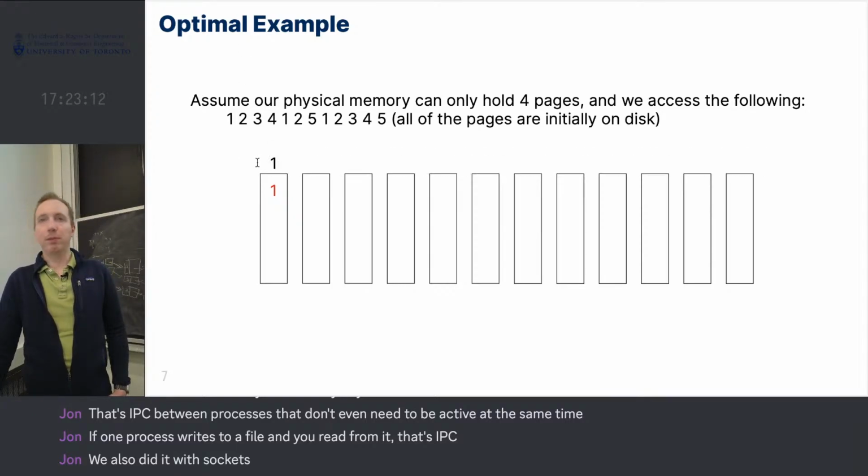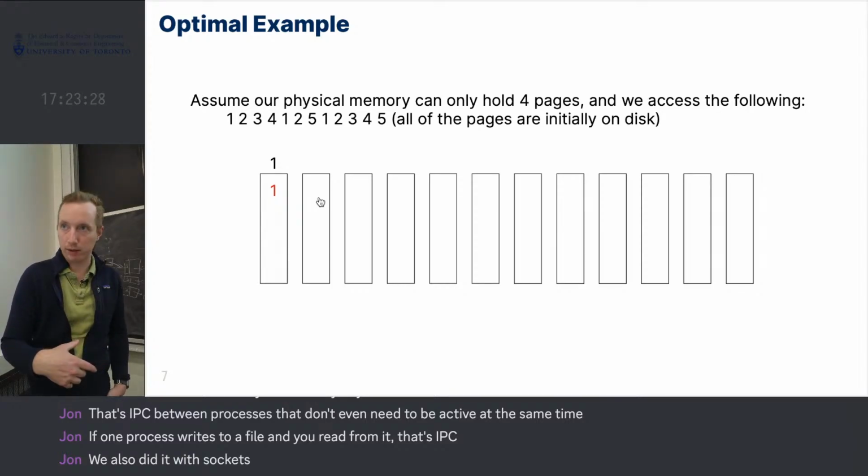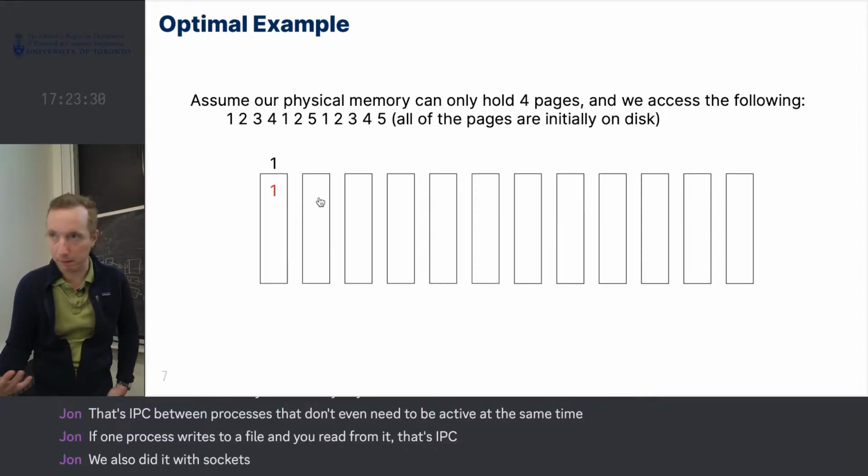So if I access page 1 and I assume nothing is in memory yet, I have to read it from disk into memory, and in that case, now page 1 would be in memory, and I write it in red text because that was a page fault that I had to load from disk. So any question about that setup?